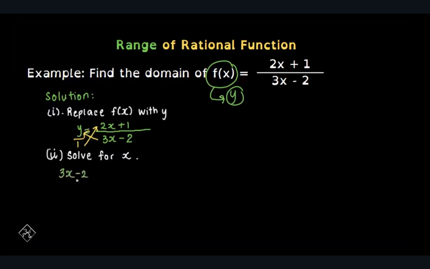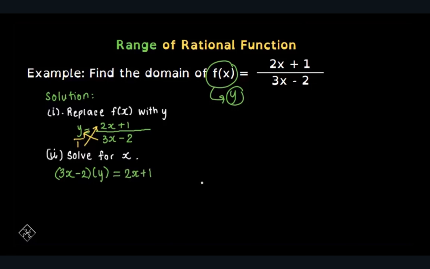In this case, okay, lagyan natin ng parenthesis times y. Okay? And that is equal to, yung 1 naman dito, multiply natin sa 2x plus 1. Okay? So, we have 2x plus 1. Okay? So, same lang yan.